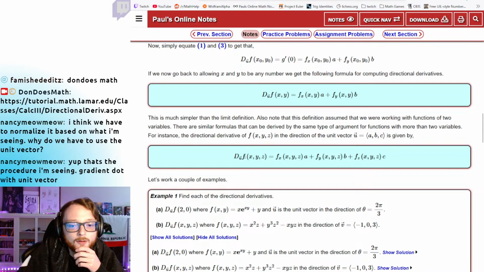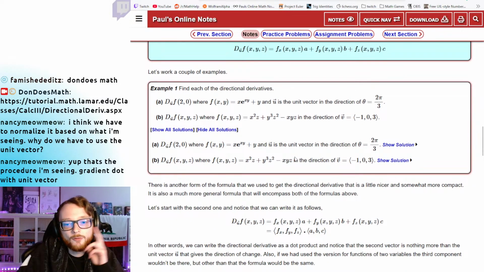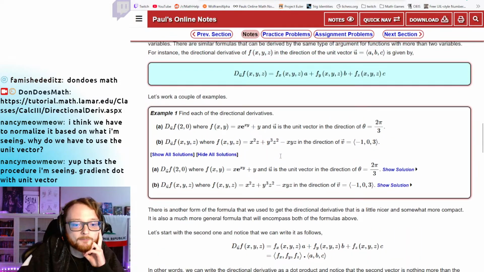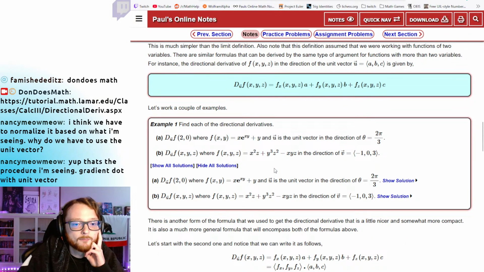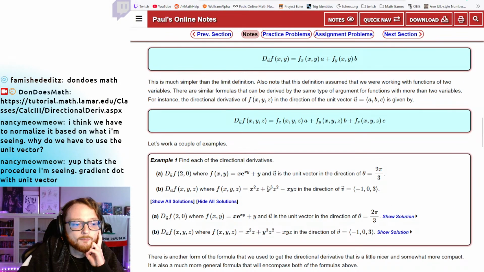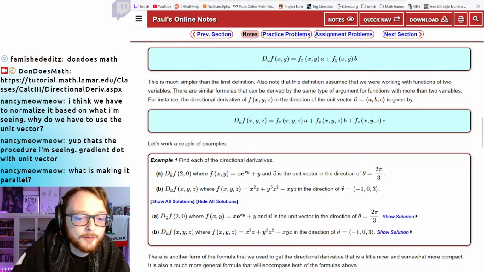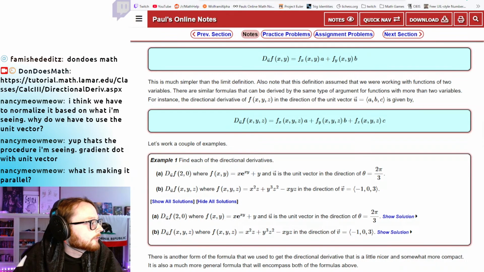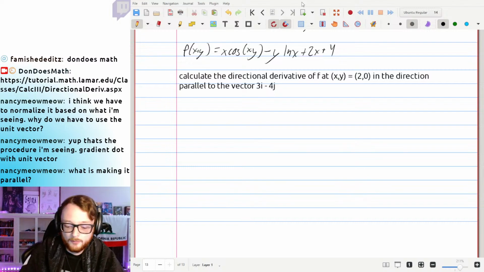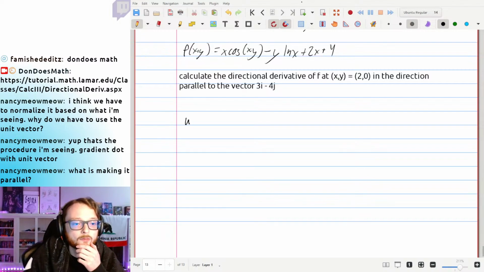Okay. The reason that you want to make it the unit vector is that the dot product of two vectors, u dot v, is equal to the magnitude of u times the magnitude of v times the cosine of the angle between them.